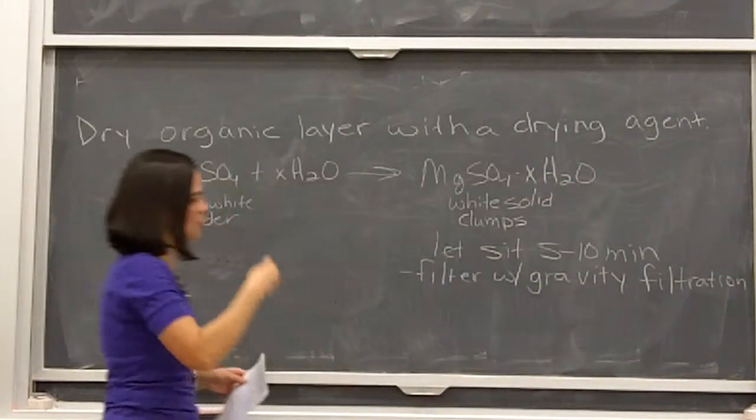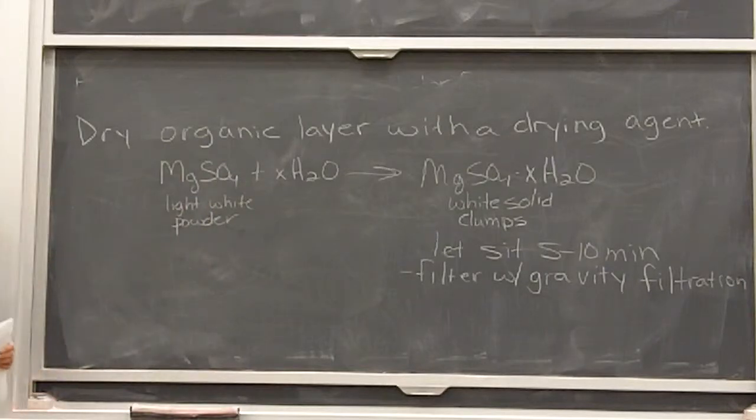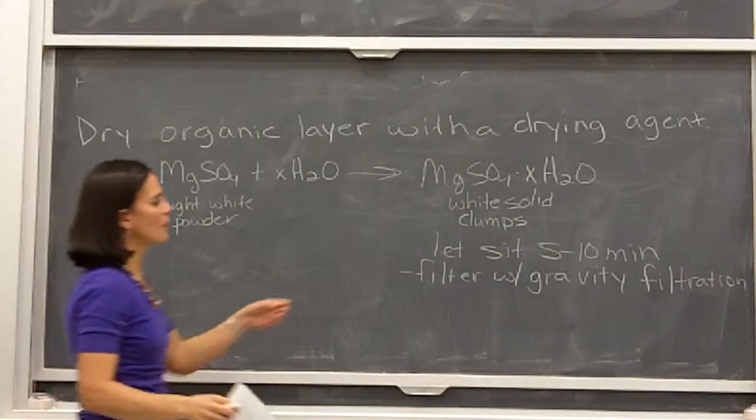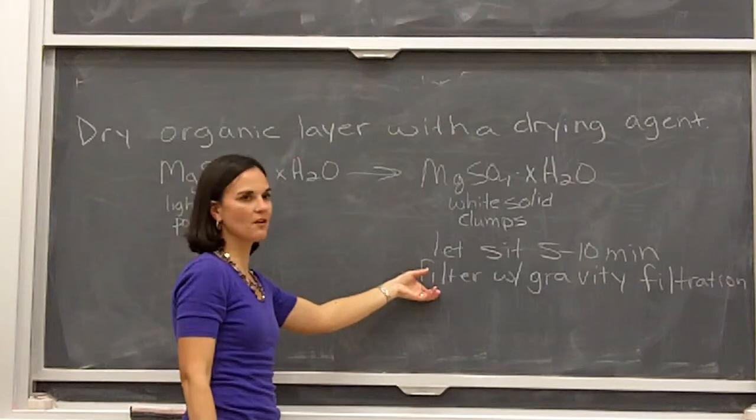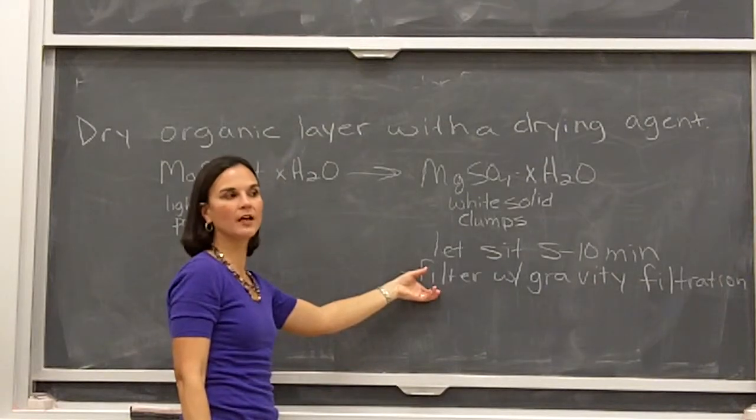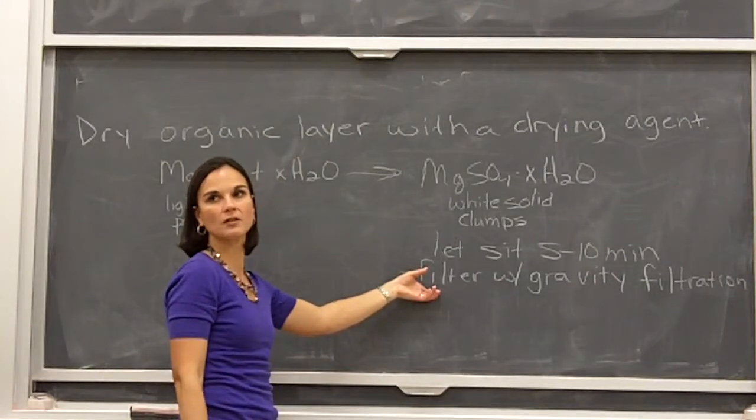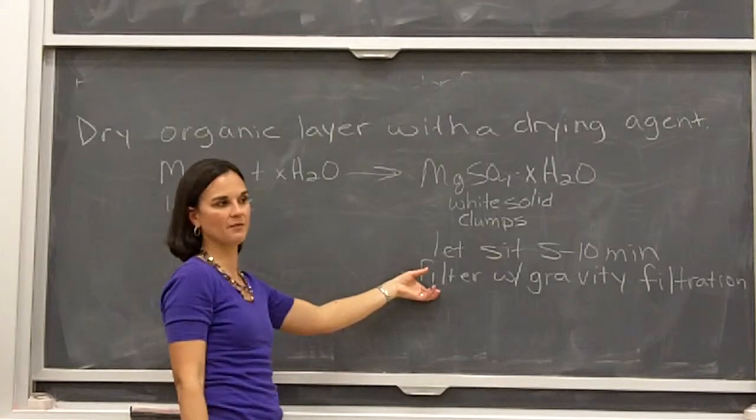Okay? And make sure you rinse with ether to make sure you get all of your product, which is a liquid. Make sure you get all your liquid rinsed out. The filter paper with the magnesium sulfate, let it air dry in the back of your hood, and then there is a waste container in the reagent hood for filter paper and magnesium sulfate.